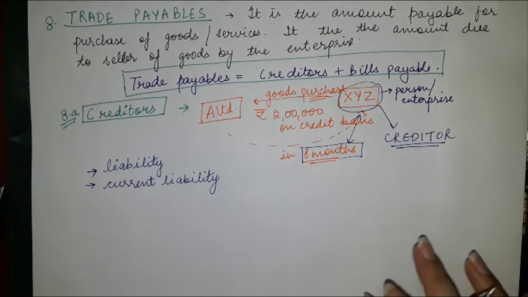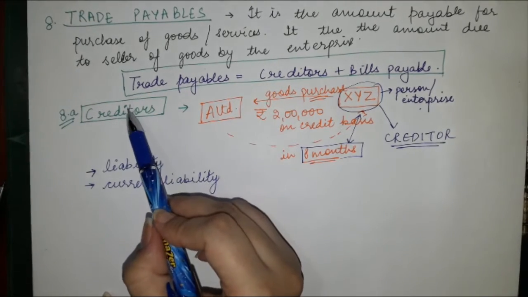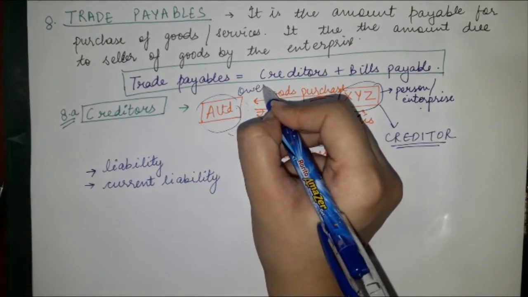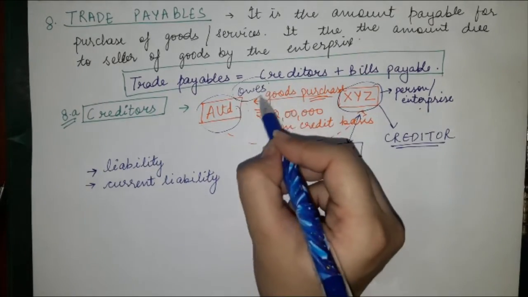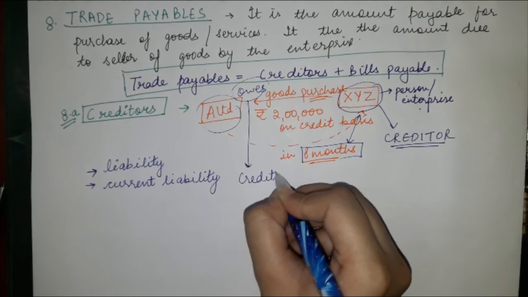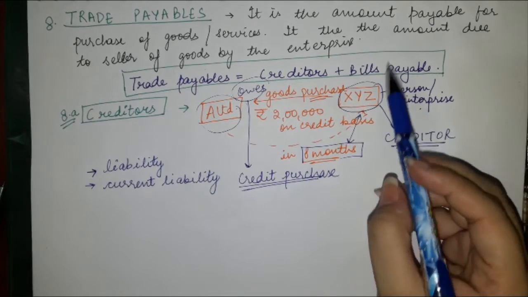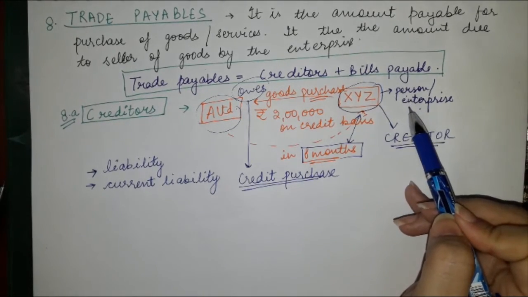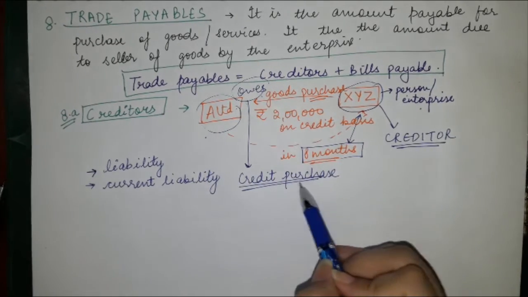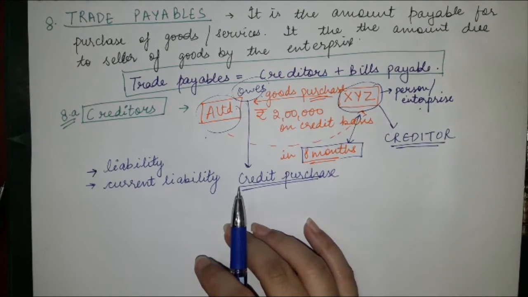So a creditor is basically a person or an enterprise to whom an enterprise, this A Limited, owes the amount against what? Because we have done a credit purchase. So what is the definition? Who are creditors? A creditor is again a person or an enterprise to whom an enterprise owes an amount against the credit purchases. Okay, as here, XYZ is a creditor.